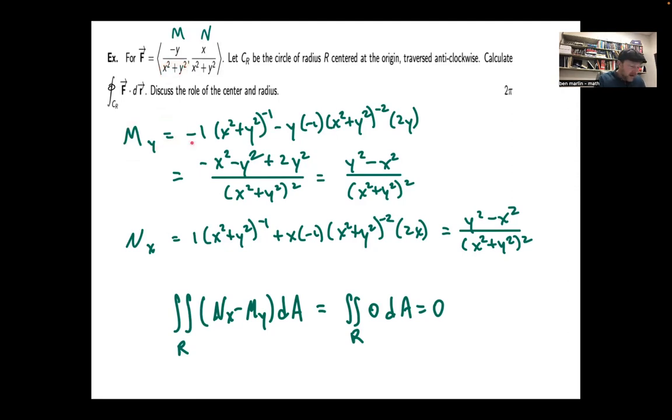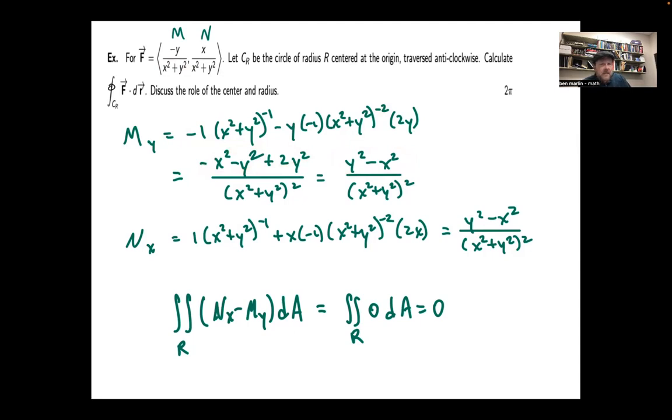And so I said -1 times this stuff to the -1 power, and then minus y times -1, this stuff to the -2 power, and then times 2y. And then to get least common denominators, I'll have to multiply the -1 by x squared plus y squared. And up here on top, we will end up with a y squared minus x squared.